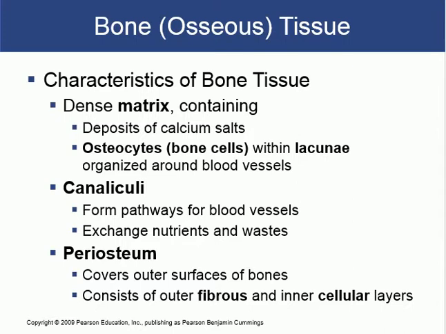Okay, collagen fibers, calcium salt deposited on the collagen fibers, and blood vessels, which this is surrounding. The passageway of the blood vessels within the bone is called the canaliculi. So this is the passageway for the blood vessels.